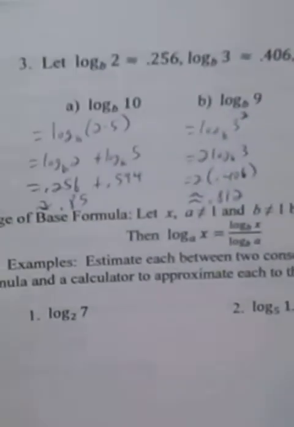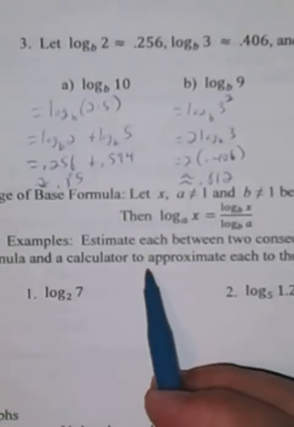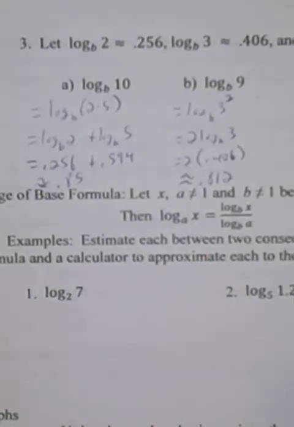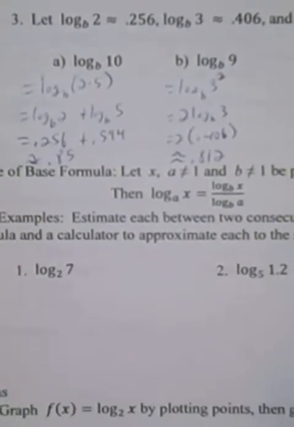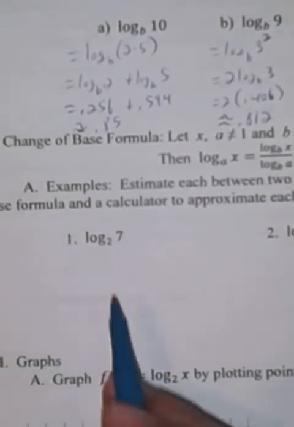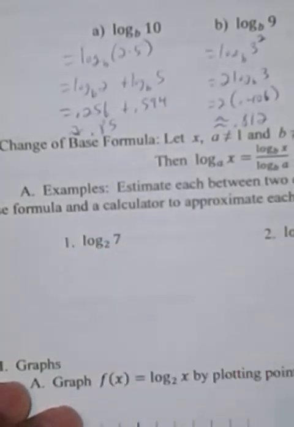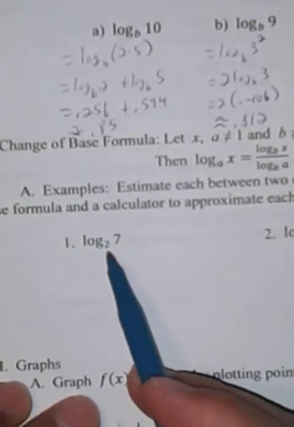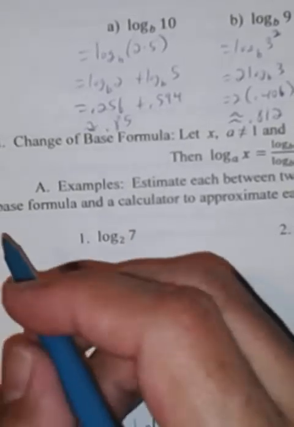So let's look at log base 2 of 7. The instructions are to estimate each between 2 consecutive integers and then use the change of base formula and a calculator to approximate each to the nearest 1,000. So log base 2 of 7, what is that between? Well, we can check by looking at powers of 2. So 2 to the second is 4 and 2 to the third is 8.